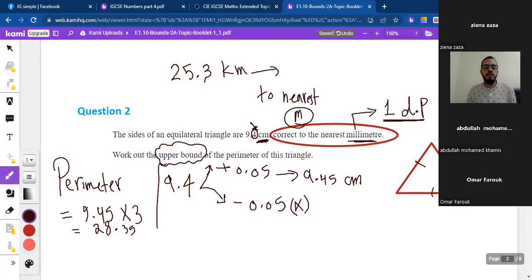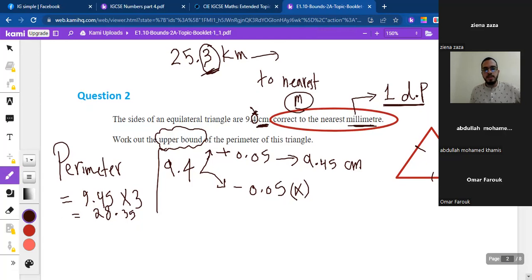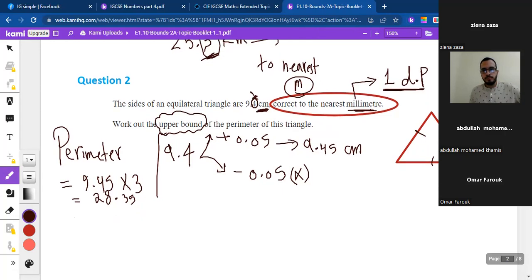So which is bigger? The kilometer. So this one is to the nearest 1 decimal place. Okay, you got it? Yes, I understand it now. Thank you.